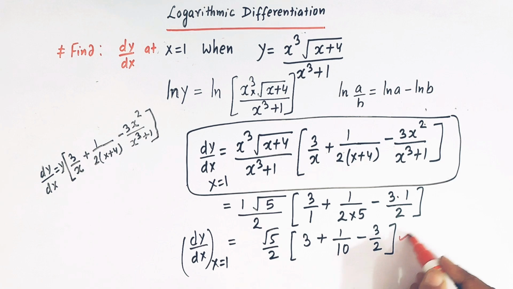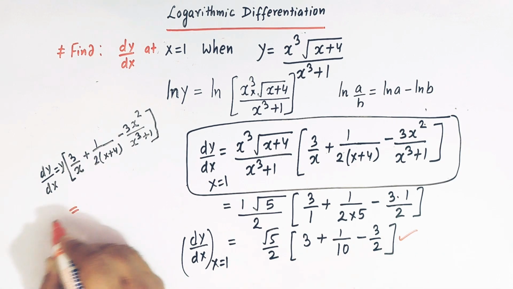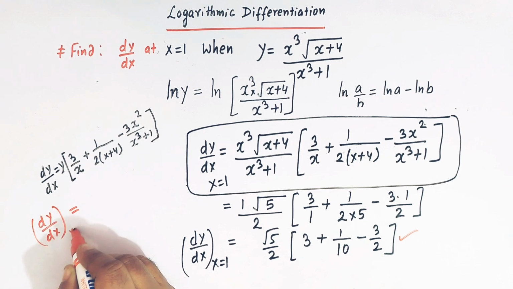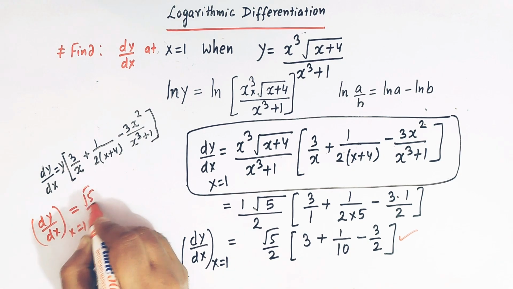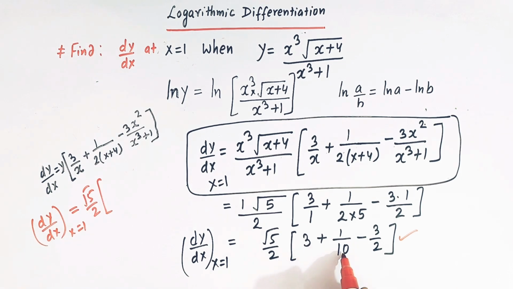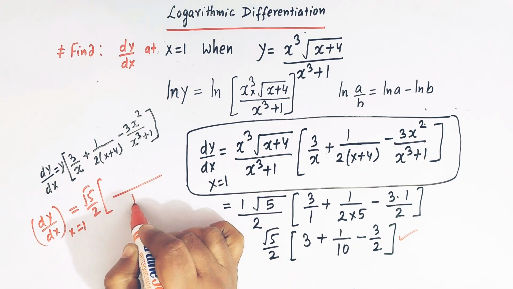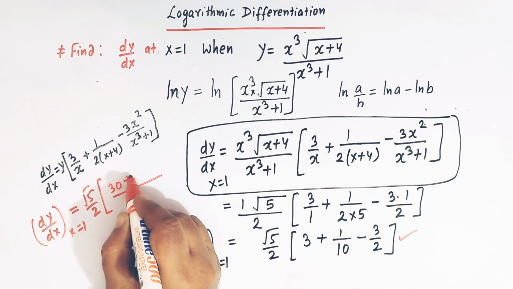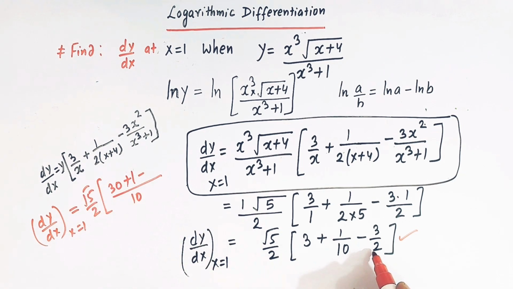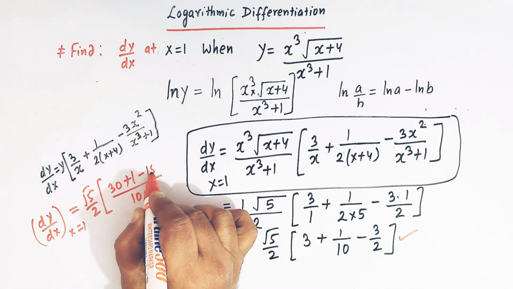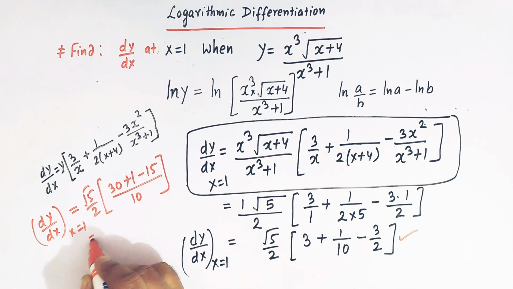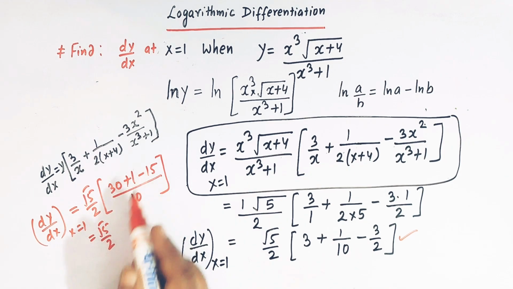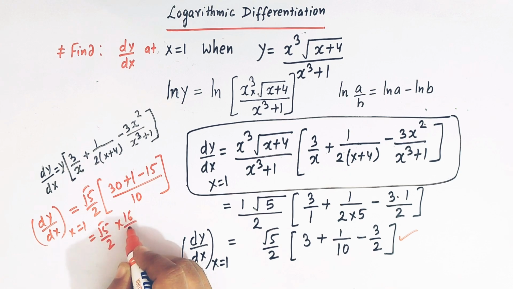So now let us simplify this expression. So we have dy over dx at x is equal to 1 as square root of 5 over 2. Here we have the LCM 10, then we have here 30 plus 1 minus 15, right? So this is root 5 over 2. This is 31 minus 15, that is 16 over 10.